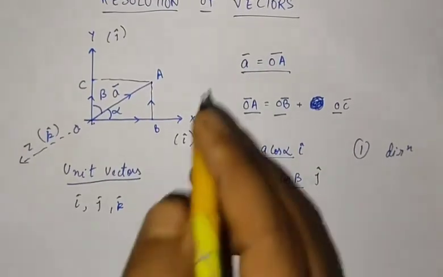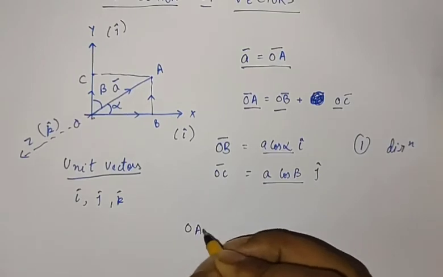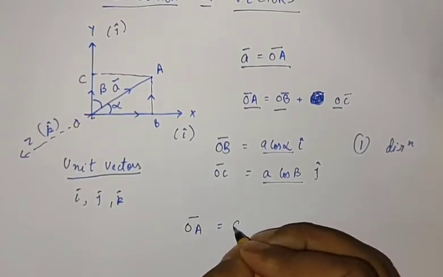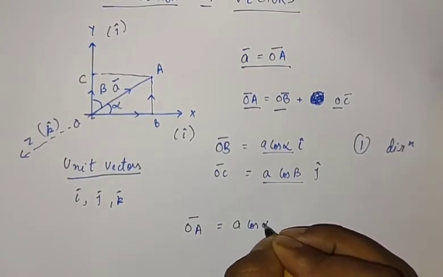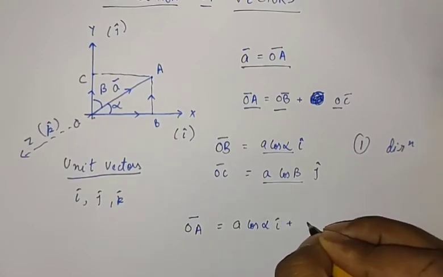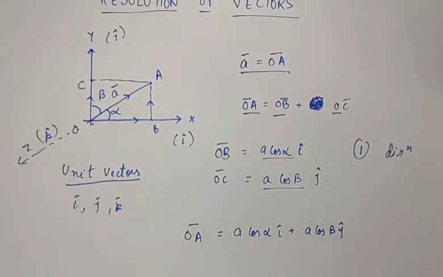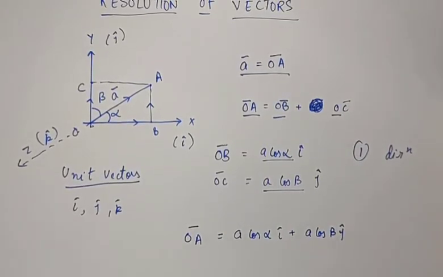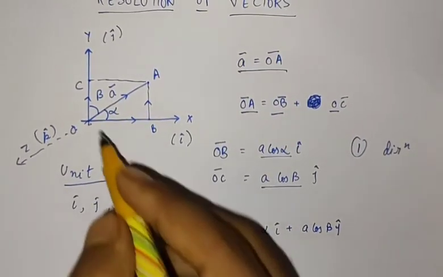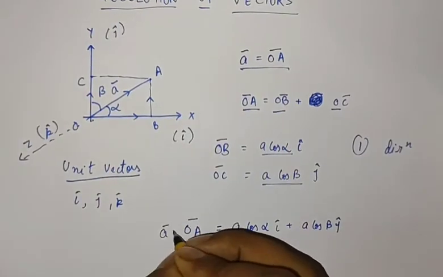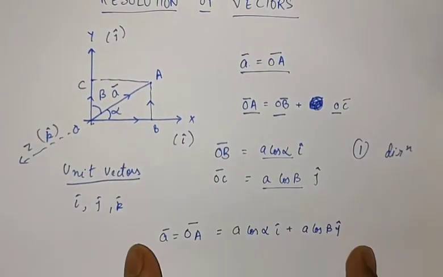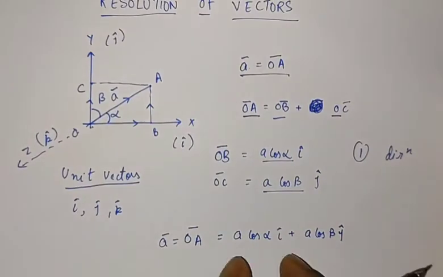Okay, so now we resolve OA. We write OA as A cos alpha I cap plus A cos beta J cap. And OA, we know what OA is. OA is nothing but the vector we started with. So this is how we resolved a vector into its unit vectors.